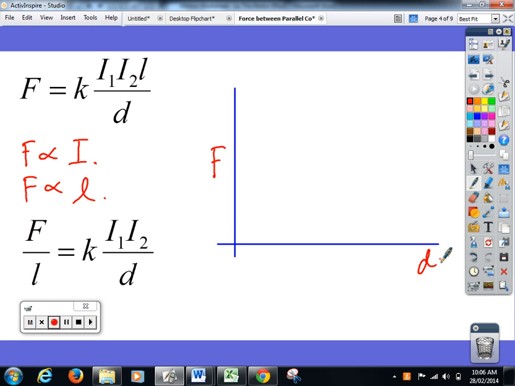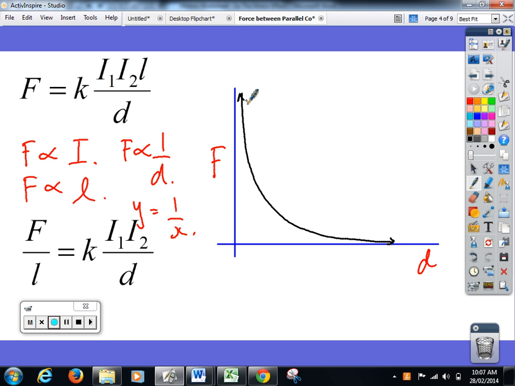We know that the proportionality is F is proportional to 1 on D. Now, you've all done enough mathematics in either 2 or 3 unit extension to know what shape a y equals 1 on x shape is. It is a hyperbola. Yep, it's a hyperbola. So the shape would look like that. So that's a 1 on D shape.